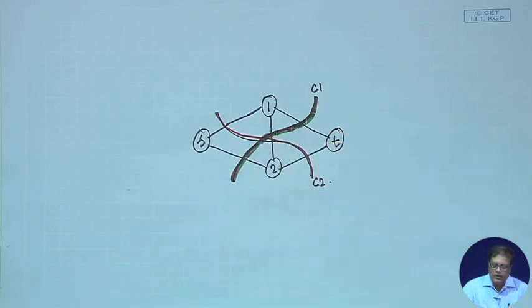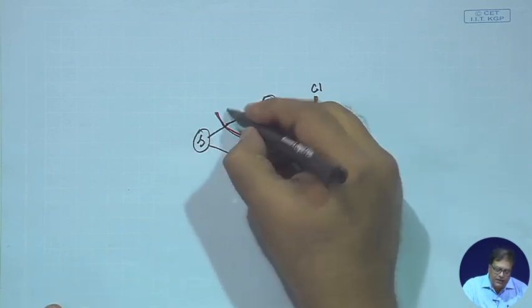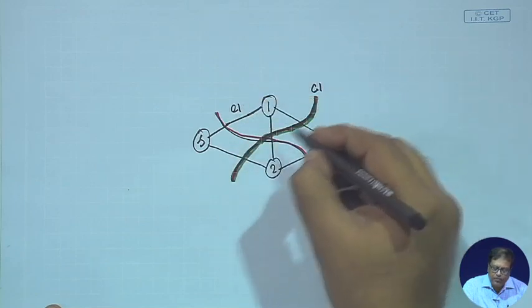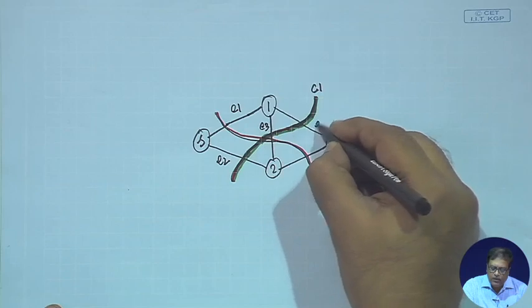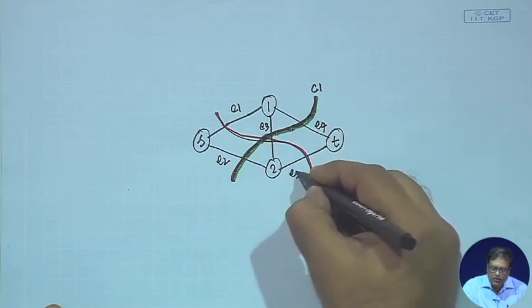I hope it is very clear now. So, now there are different edges. This is E1, this is E2, this edge is E3, this is E4, this is E5.